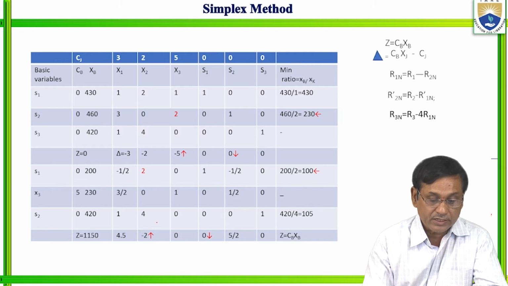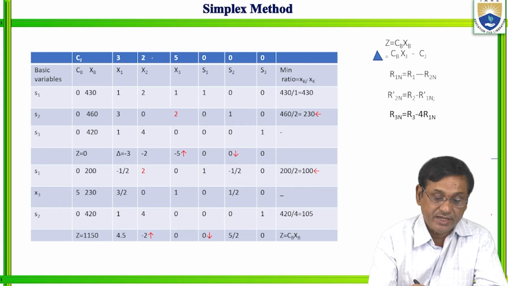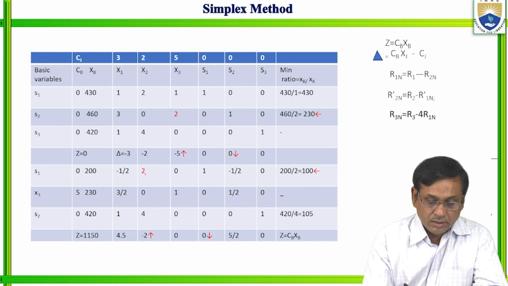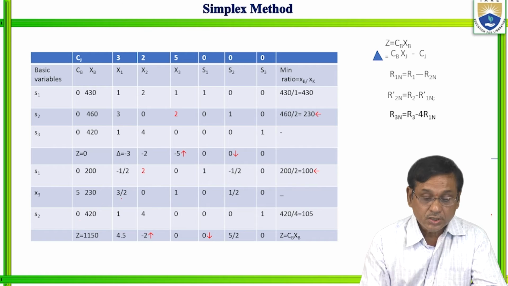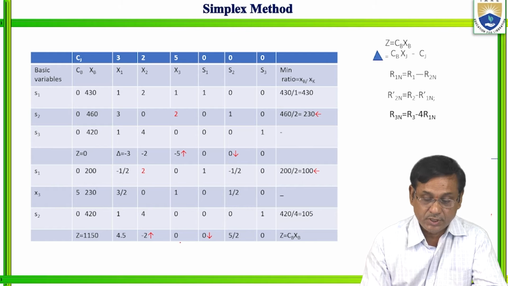Then coming to the second column, the values are 0 into 2 plus 5 into 0 plus 0 into 4, 0, and minus of Cj, that is 2, that is minus 2. Then corresponding to the third one, 0 into 0, 5 into 1 is 5, 0 into 0, so that 5 minus 5 is 0 here.